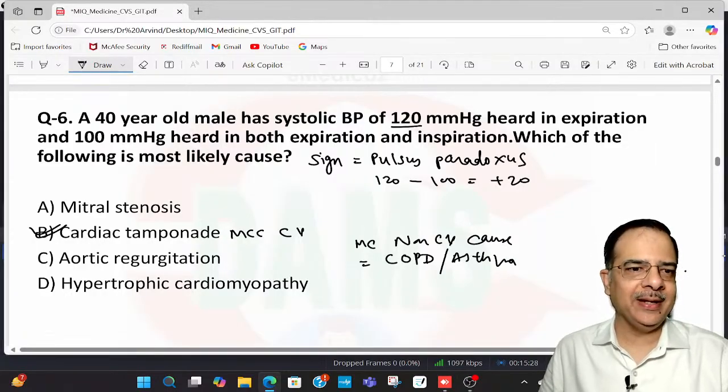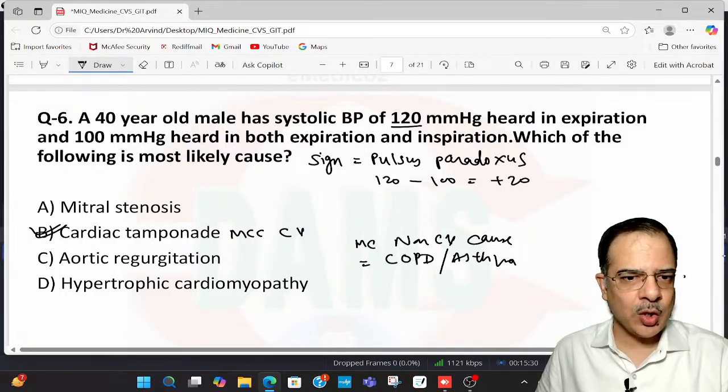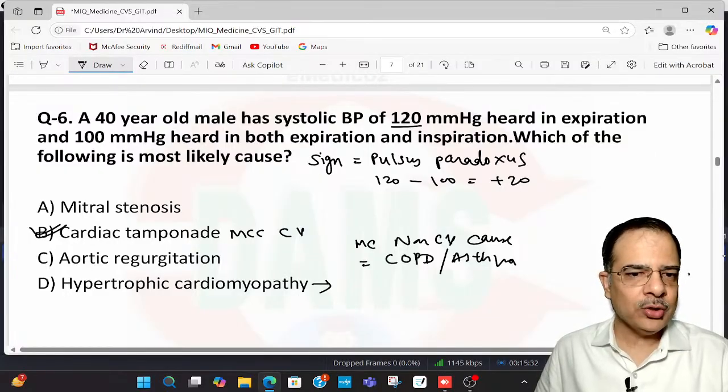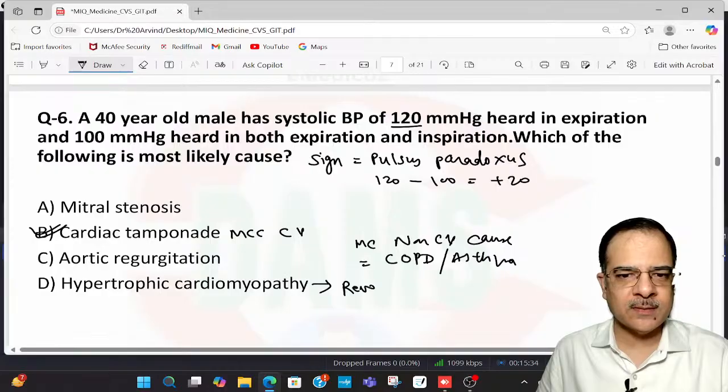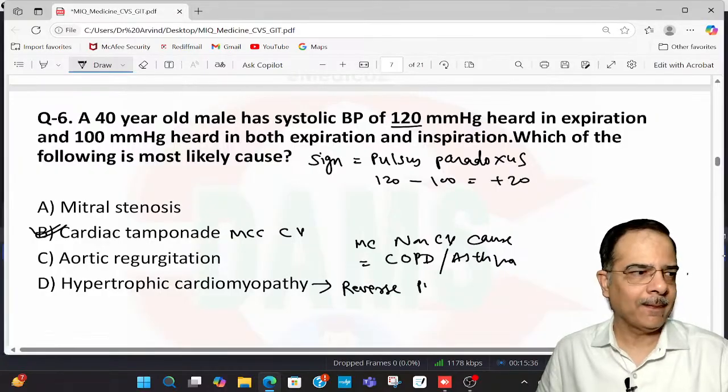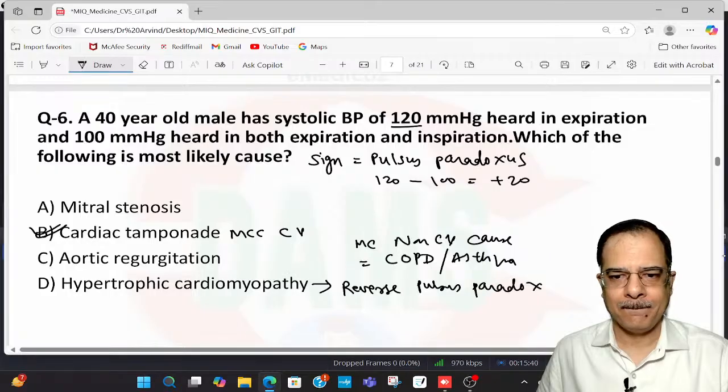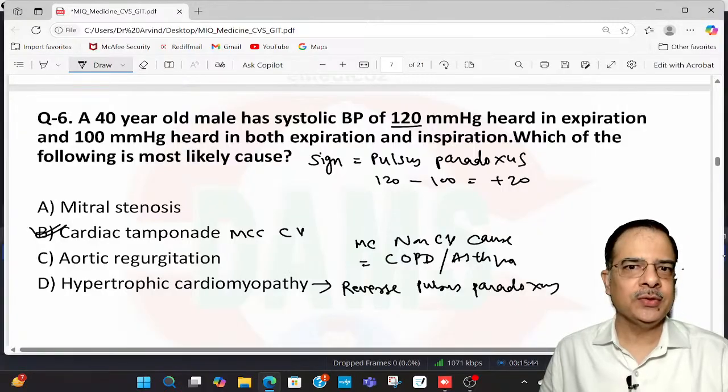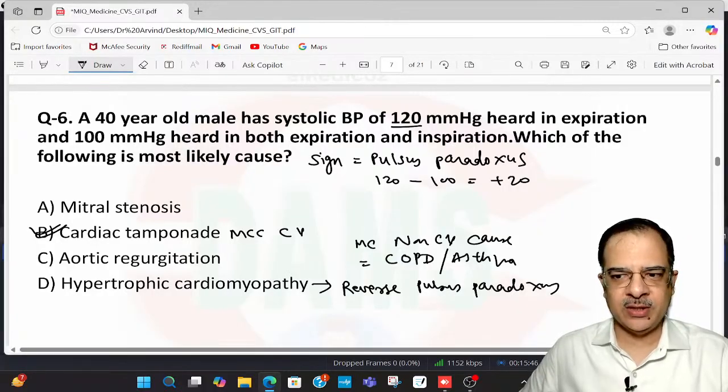So the answer here is cardiac tamponade. While hypertrophic obstructive cardiomyopathy causes a reverse pulsus paradoxus. So you should be aware of this important clinical sign, that is pulsus paradoxus.